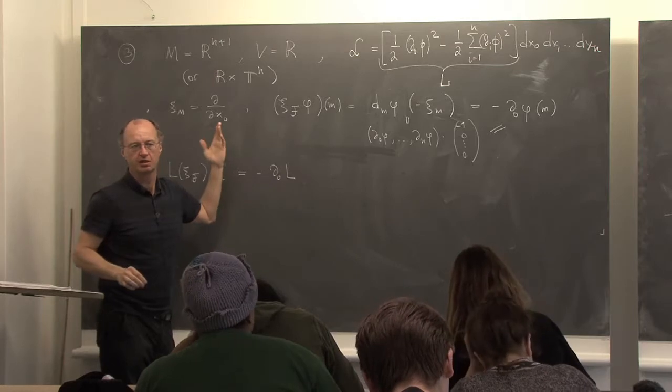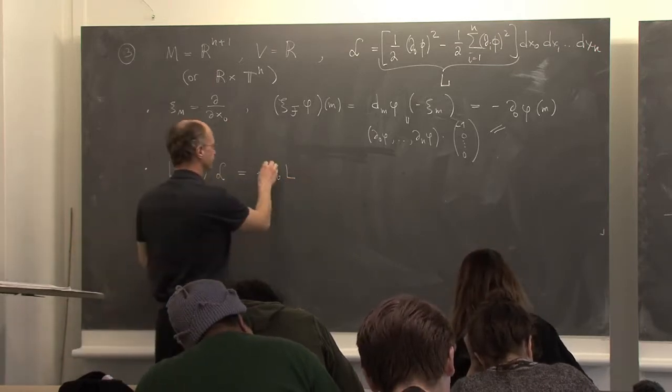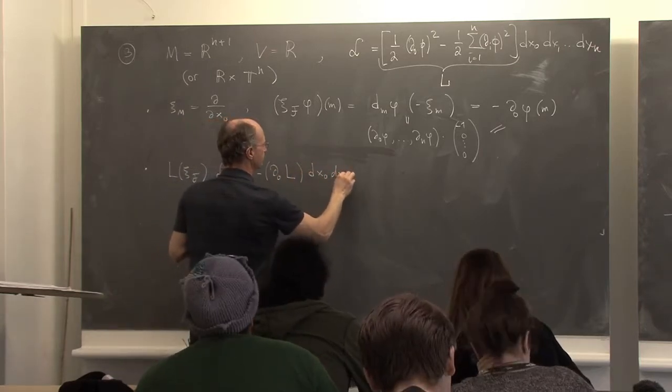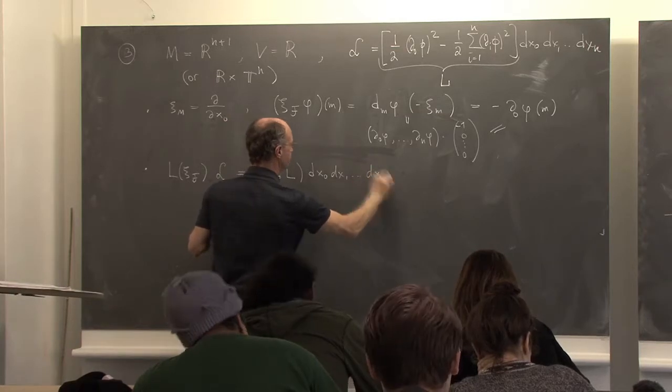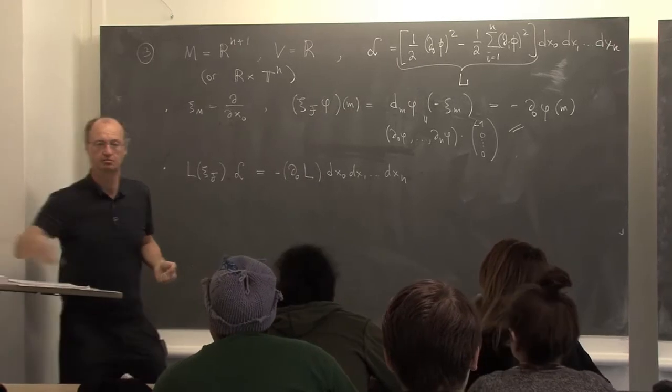Because you apply a derivation which is just minus d0 on everything. dx0, dx1, dxn. So notice that this time it is actually non-zero, right?